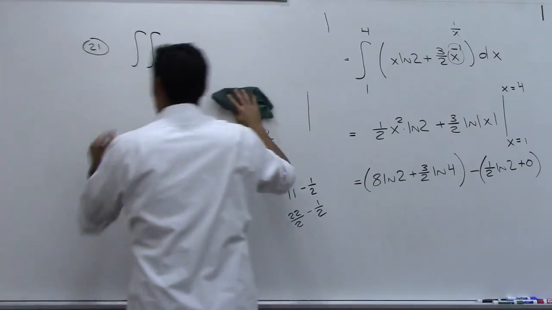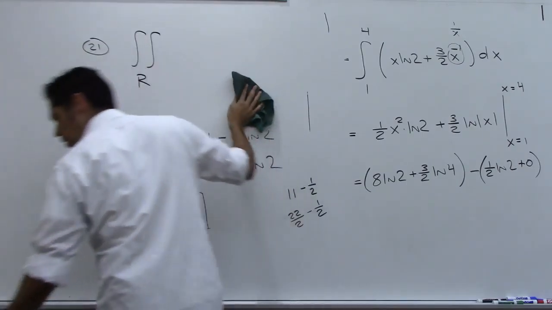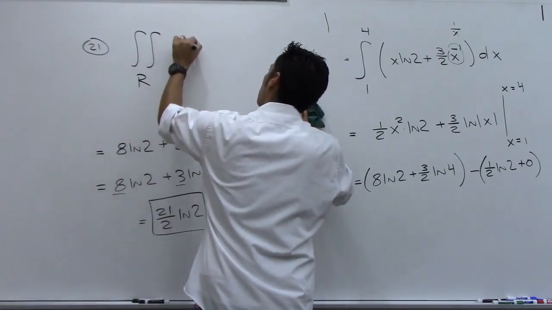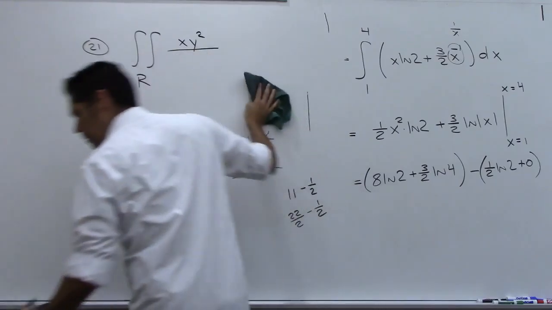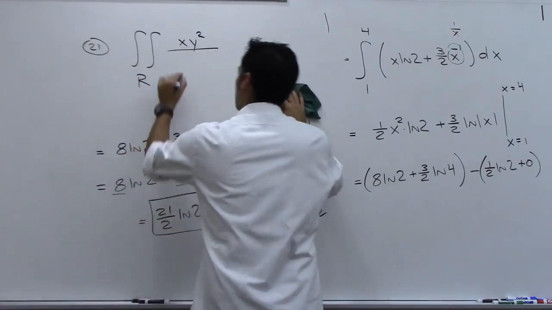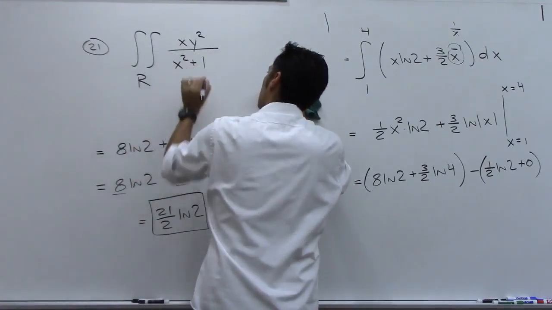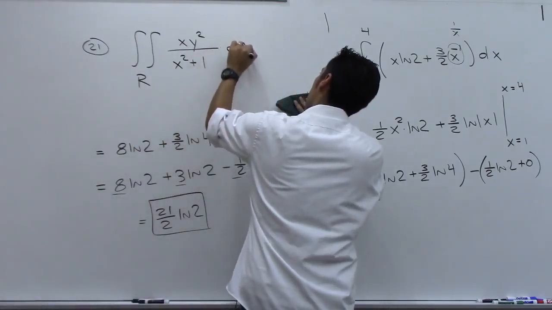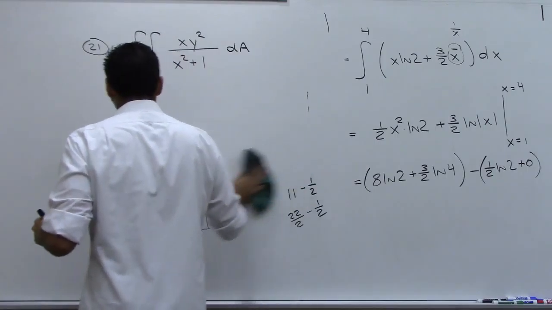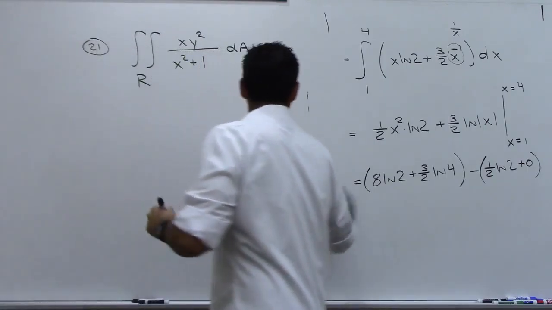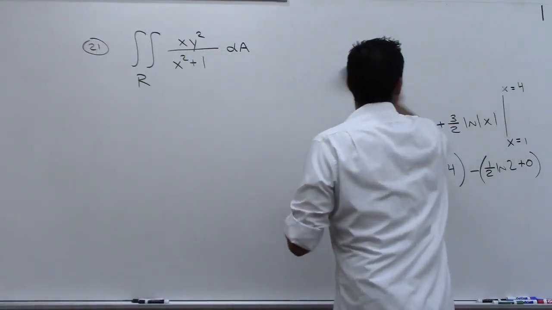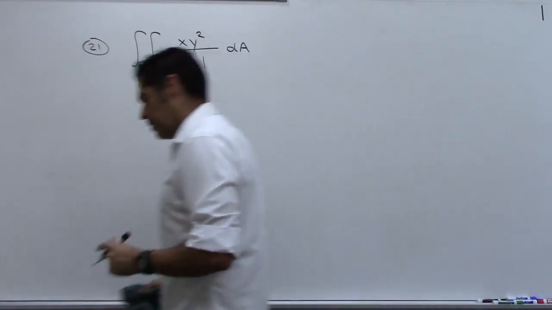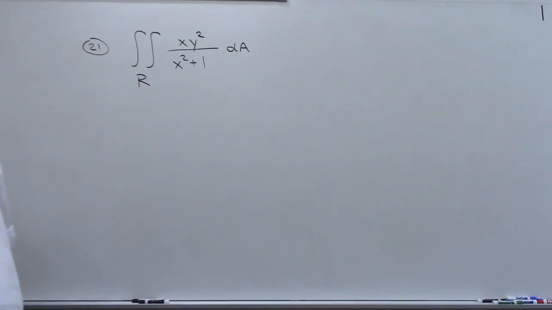We're integrating over this region, this rectangle R, xy squared over x squared plus 1, and then dA. Now, they give us what R is.